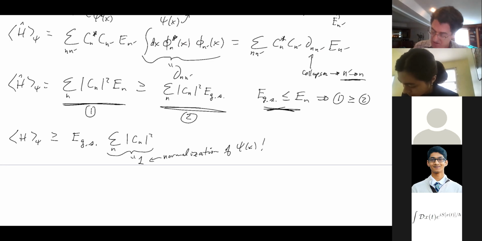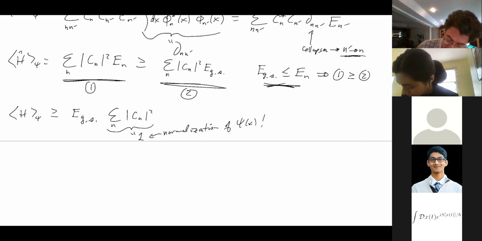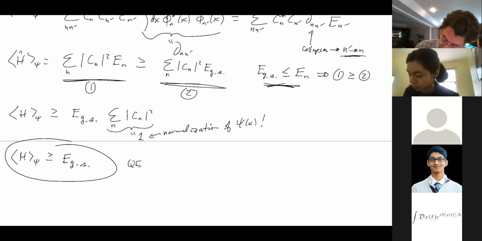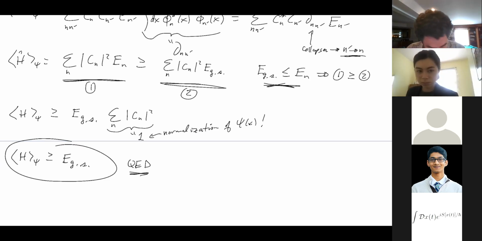That's something you derived last semester. And so that gives us that the expectation value of H is greater than or equal to the ground state energy. Boom. QED, whatever that means. It's just something you write at the end of a proof.